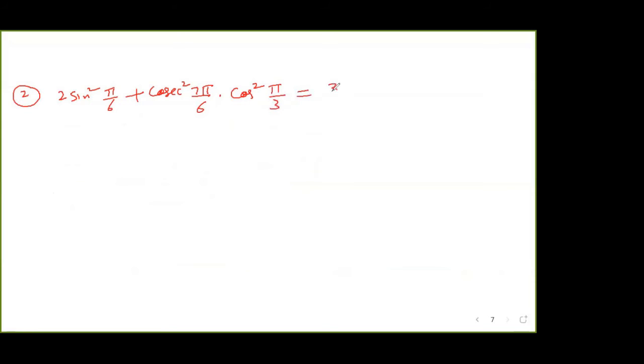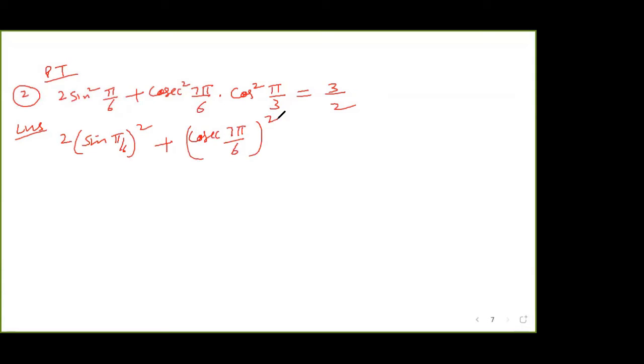Now here conversion is required. You have to prove that this is equal to 3 by 2. It means you have to take the left hand side first. That can be written as 2 into sine pi by 6 square plus cosecant 7 pi by 6 square into cos of pi by 3 whole square.